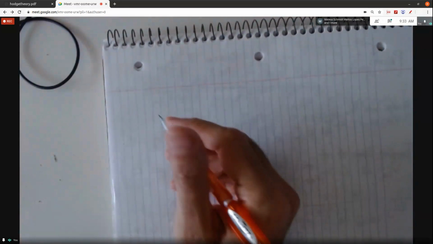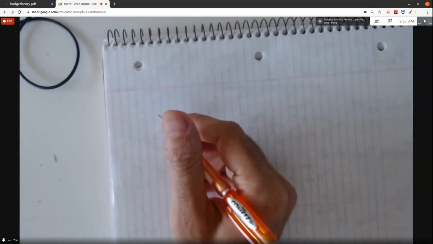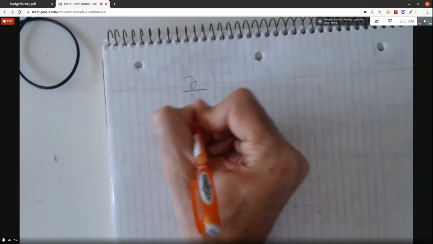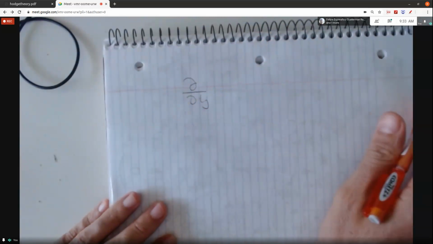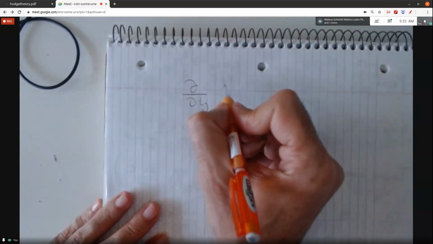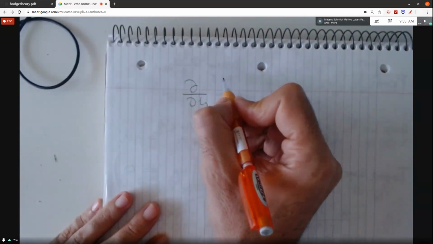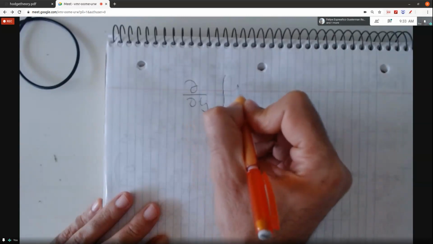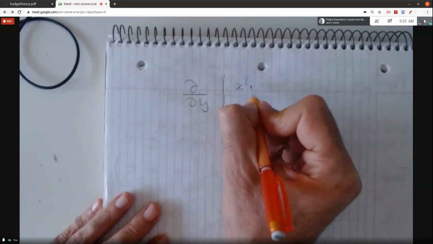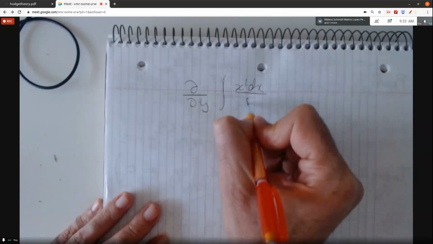So maybe I write again the formula. So up to some rational numbers, for today everything will be up to some rational numbers. Then let's say xi dx f.